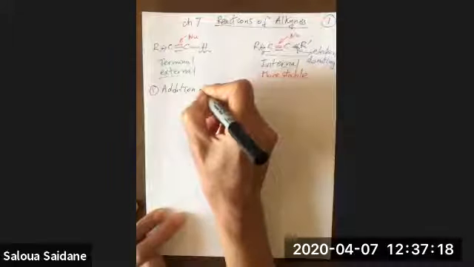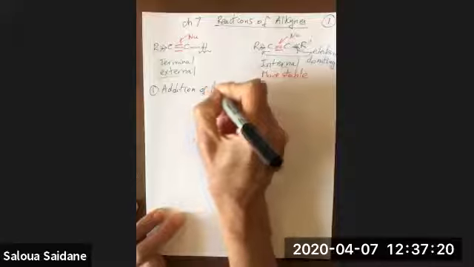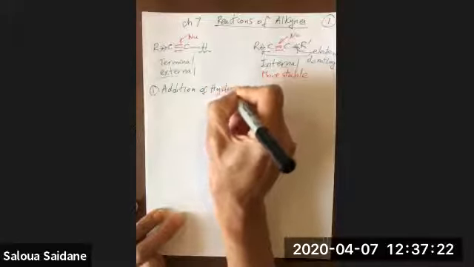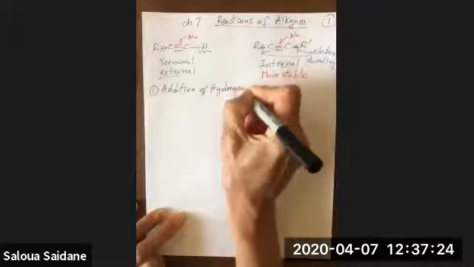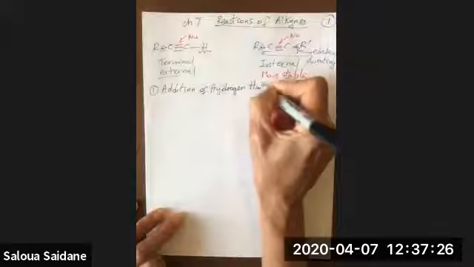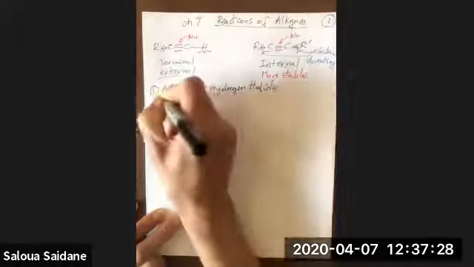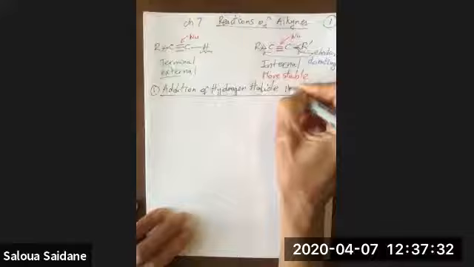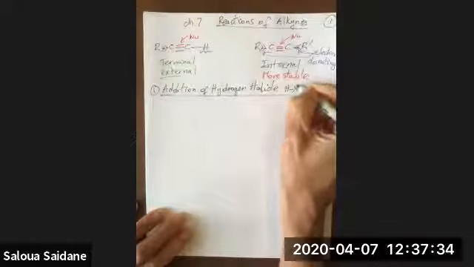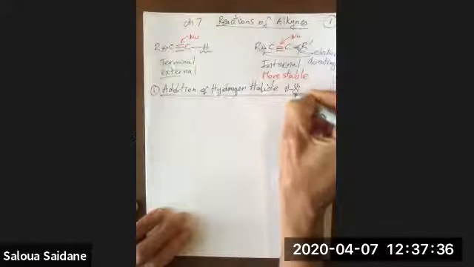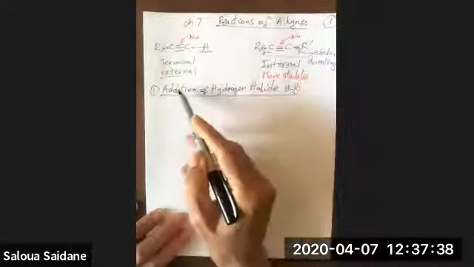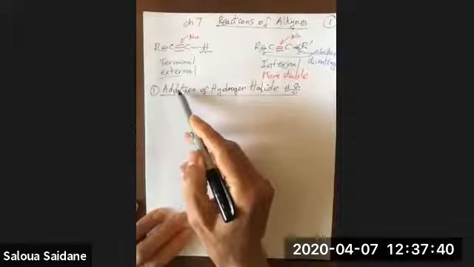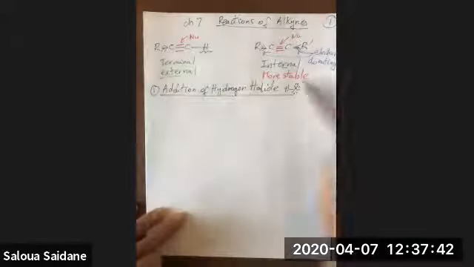And the first one, we're going to do addition of hydrogen halide. Now, to compare it to the previous chapter, what is a hydrogen halide? It's HX. For me, what's more important here is that whenever you have these additions, they're going to be electrophilic addition.